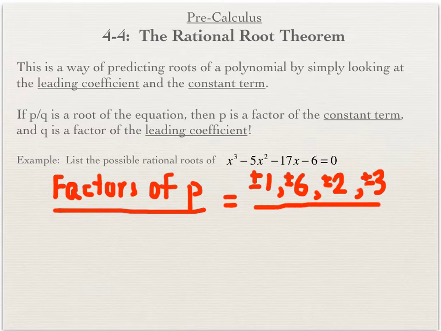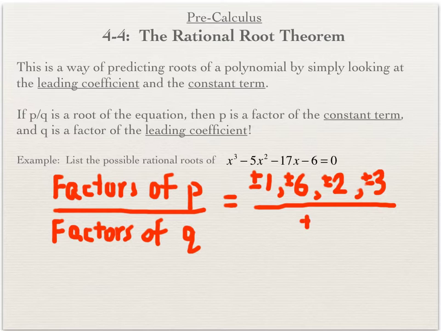So I'm going to put a plus or minus in front of all those. That's my numerator. Now for my denominator, I'm going to look for the same type of thing, factors of q. And q, remember, is the leading coefficient, so that is the coefficient right up there, and that's just going to be a 1 in this case. And so, of course, the only factors of 1 are plus or minus 1.